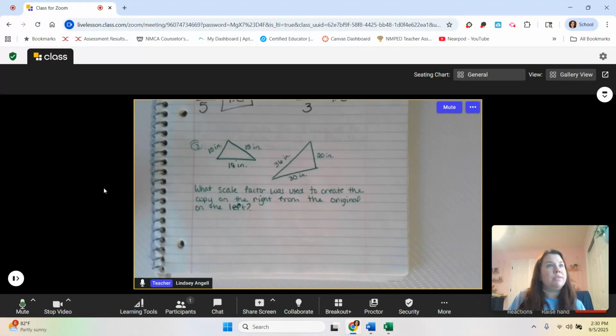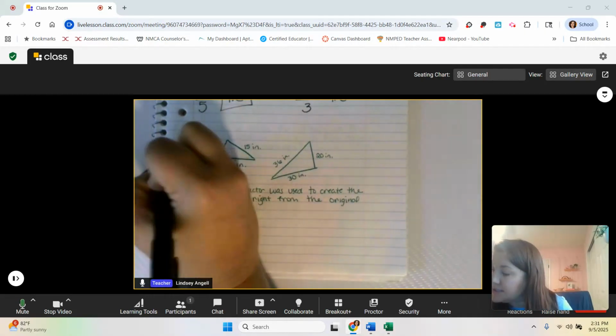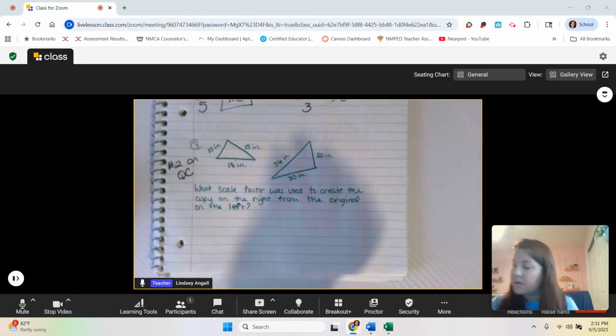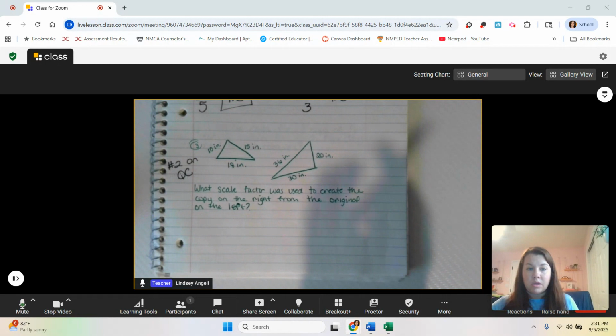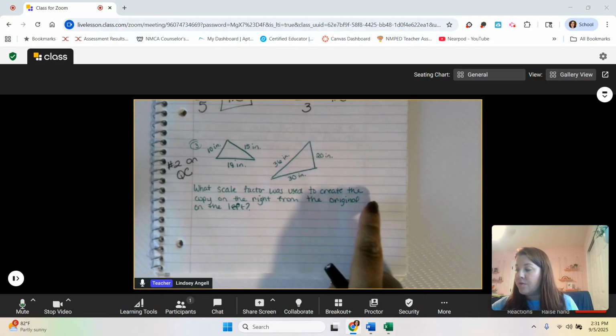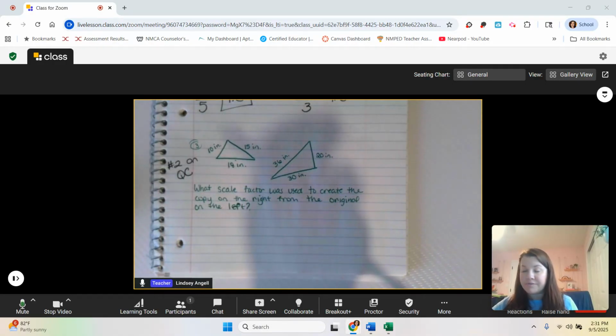This is from your quick check. Let me look and see what number it is because I didn't write that down. Number 2. So this is number 2 on quick check. What scale factor was used to create the copy on the right from the original on the left?